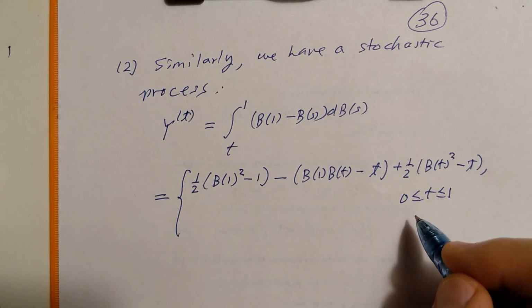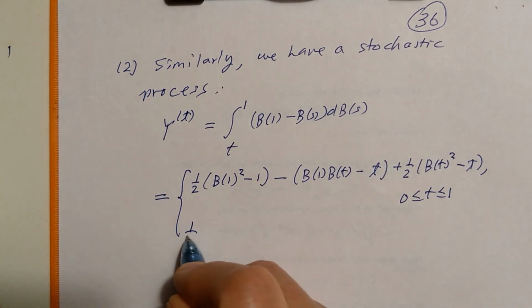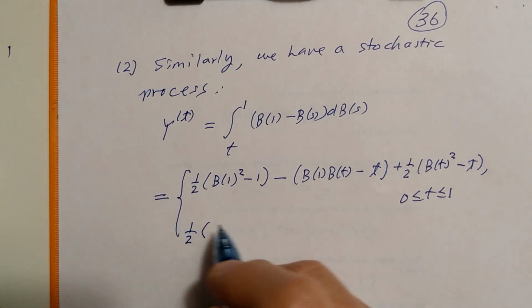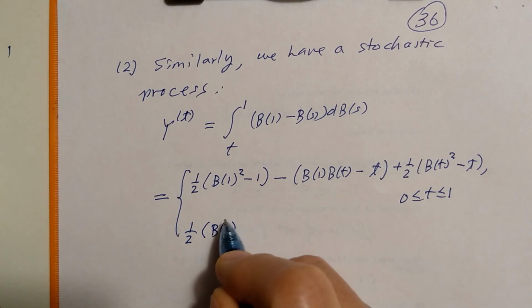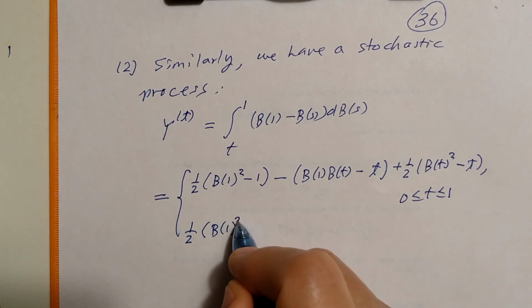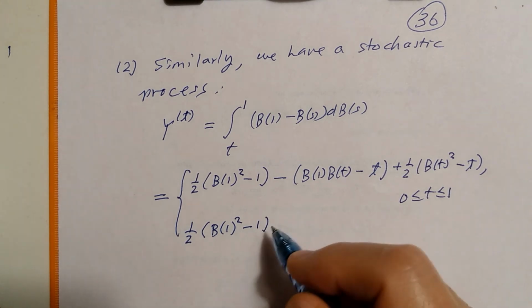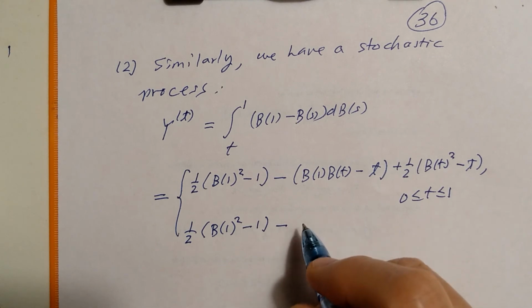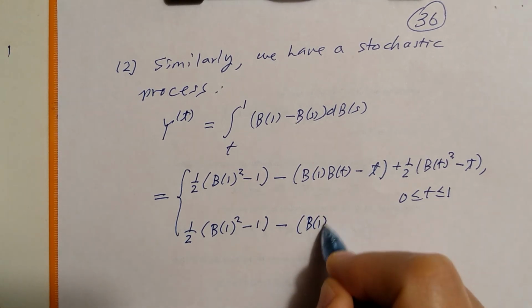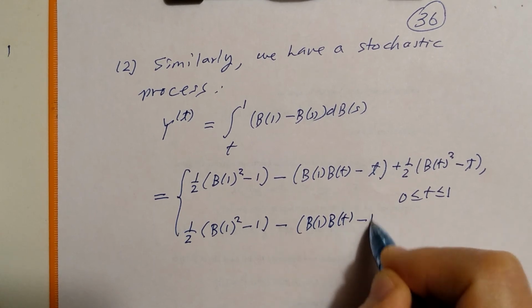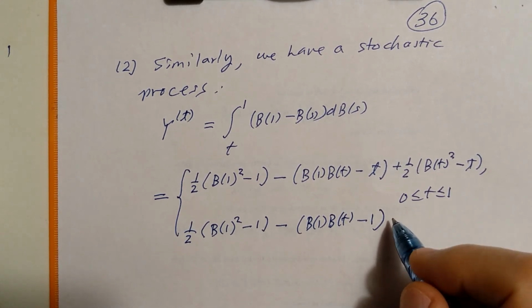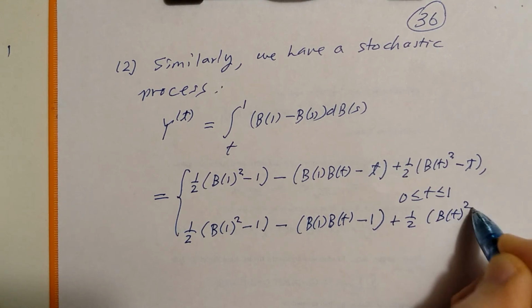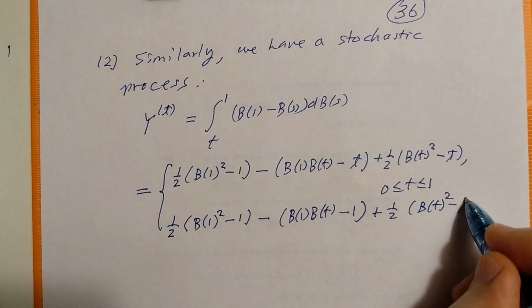And when t is greater than 1, it becomes 1/2 of (B1 squared minus 1) minus B1 (Bt minus 1), and then plus 1/2 of (Bt squared minus t).